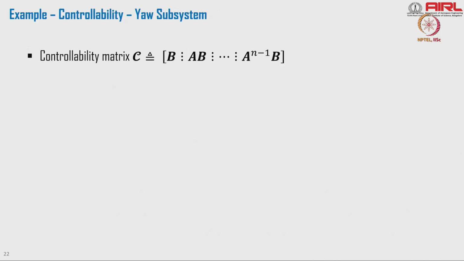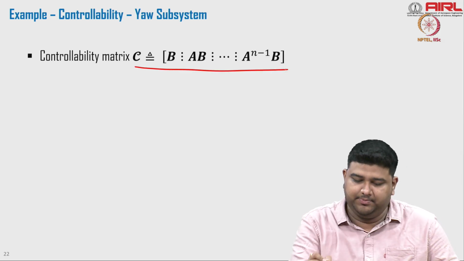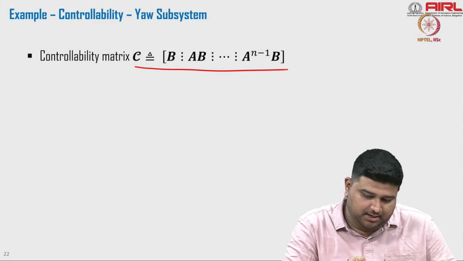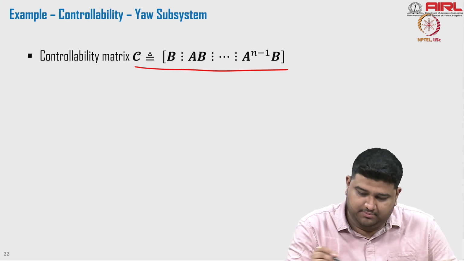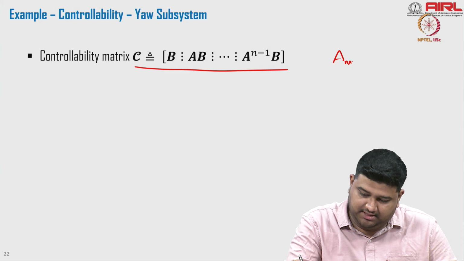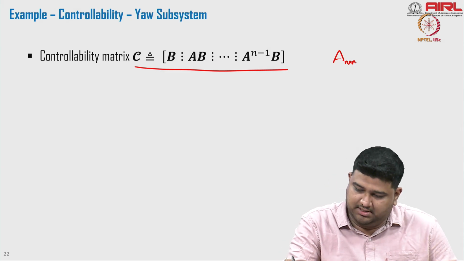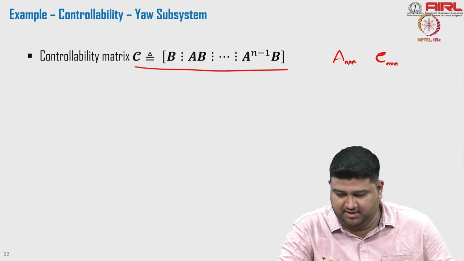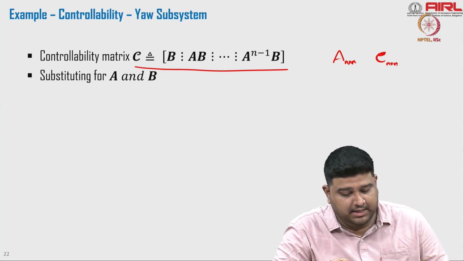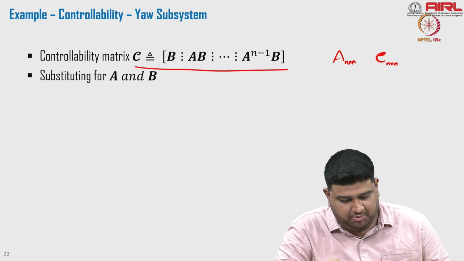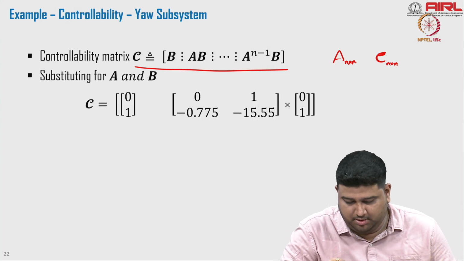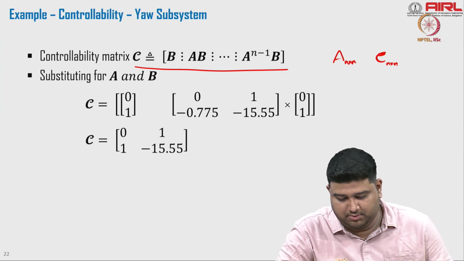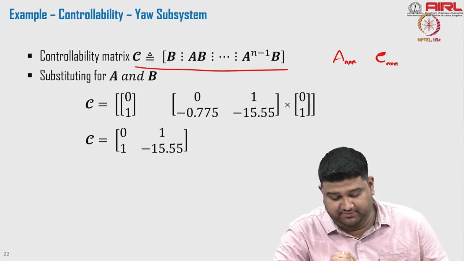And now let's do the controllability test for the yaw subsystem. Again, the controllability matrix is defined as this, where the columns are B, AB until A power n minus 1 B, where A is the n by n state matrix. And note that the controllability matrix C will also be an n by n matrix for a single input, single output system. Substituting for A and B, we get the controllability matrix to be 0, 1, 1, minus 15.55.